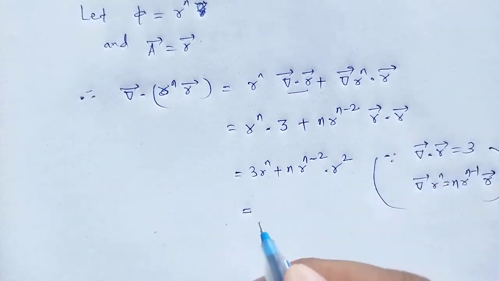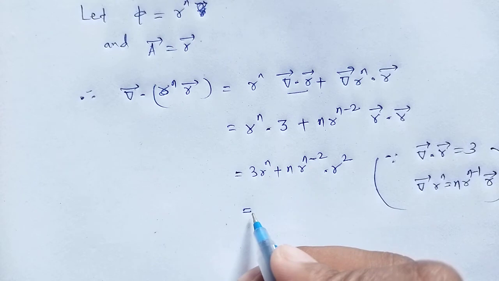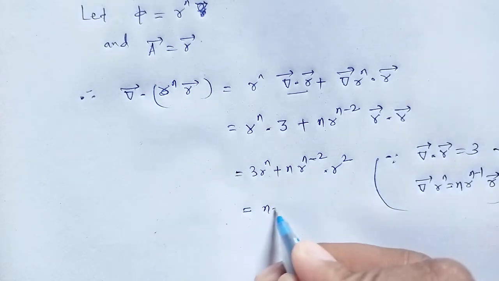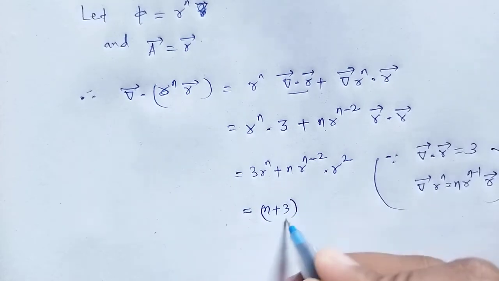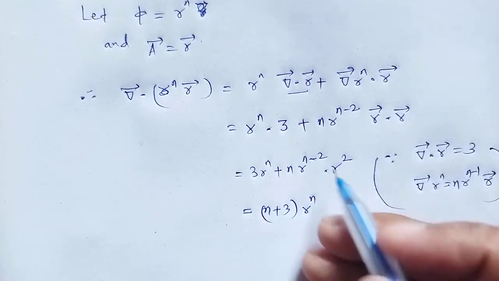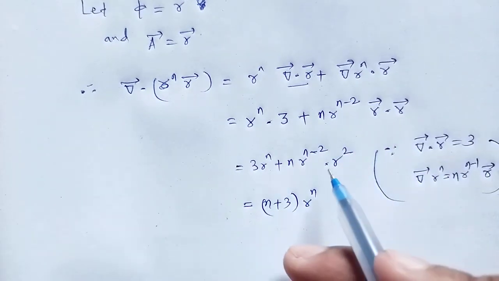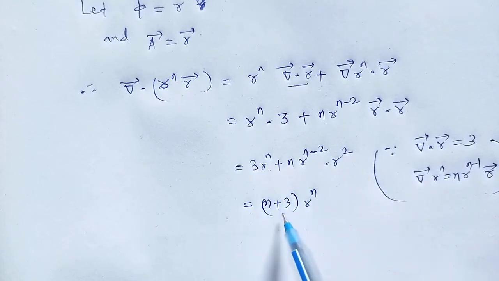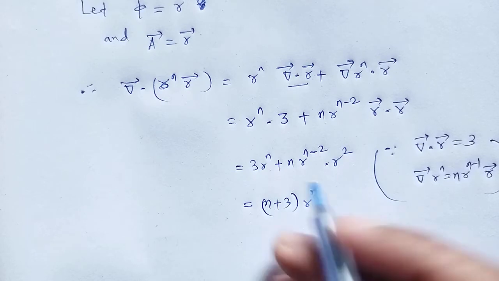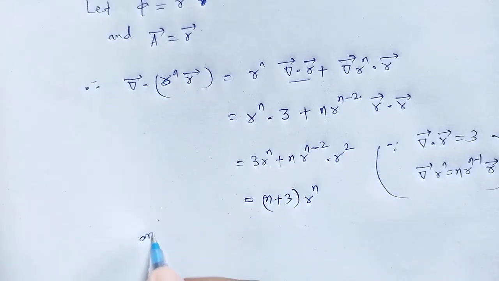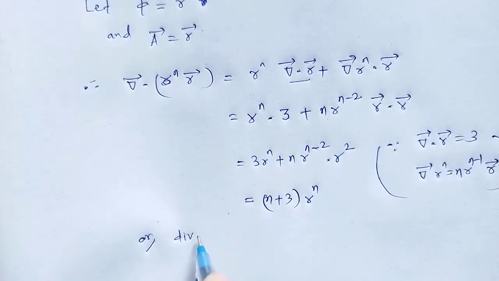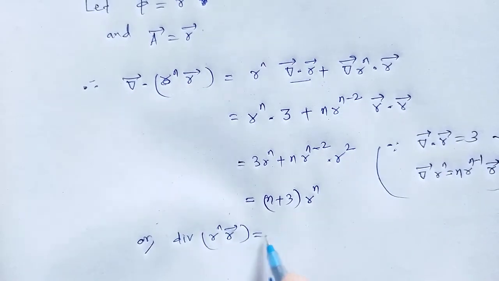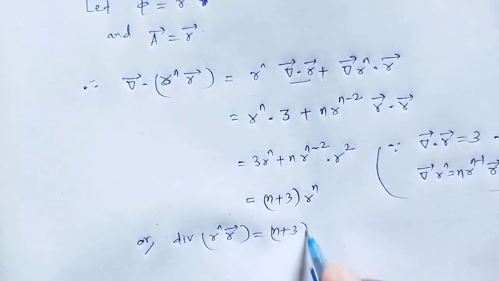Therefore, n plus 3, taking common R to the power n, R to the power n minus 2 into R to the power 2, that is R to the power n, then n plus 3 taken as common. Therefore the divergence of R to the power n R vector is equal to n plus 3 R to the power n.